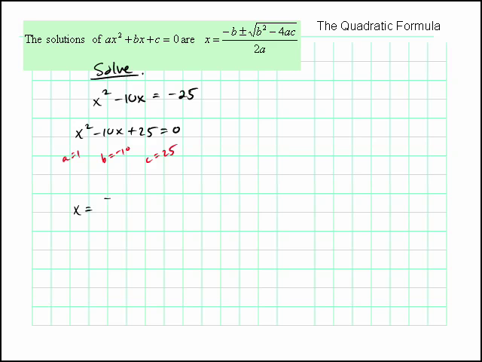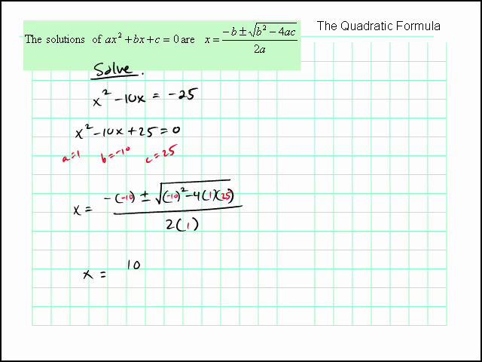x equals negative b plus or minus the square root of b squared minus 4 times a times c. Divide everything by 2a. And now we're going to plug our numbers in. b is negative 10, a is 1, and c is 25 right there. Okay, now we simplify.